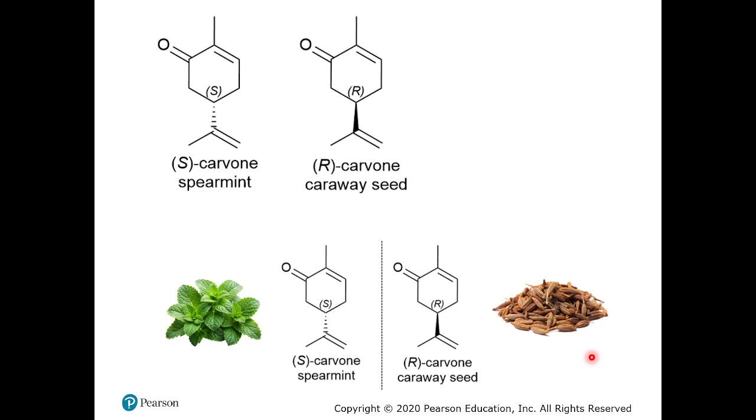R-carvone is caraway seed. Has everybody had caraway seed before? No, it's not as popular a flavoring by any stretch of the imagination. That tells you something about what it tastes like, right? Spearmint is a very popular flavoring, and the enantiomer has a completely different flavor.